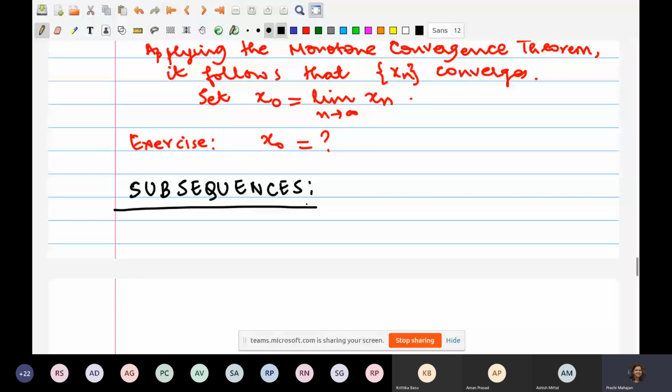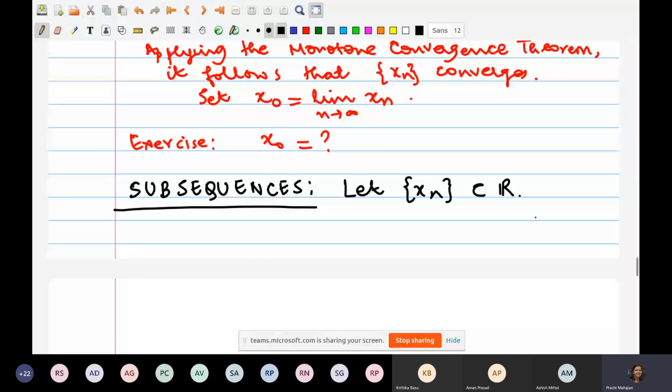So let's start like this. Here's a definition. Let xn be a sequence of real numbers, which means this. And let's consider an increasing sequence of positive integers.